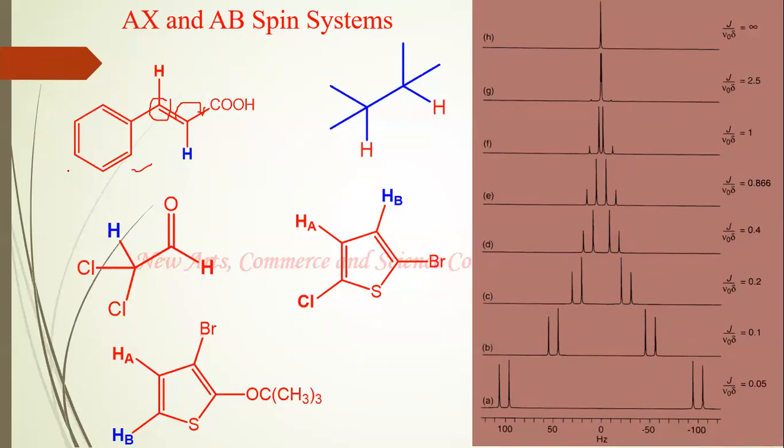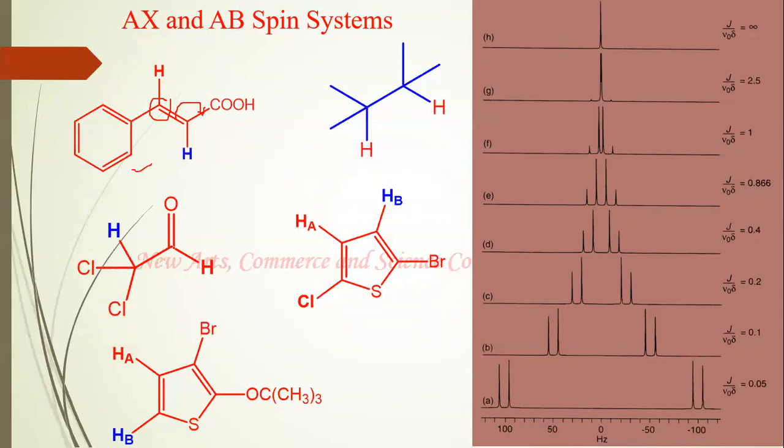Not only this, the diamagnetic anisotropy of the benzene ring de-shields the proton. As a result, this beta proton is de-shielded as compared to this blue proton which is present on the alpha carbon atom of the COOH group. So this system will be an AX spin system.